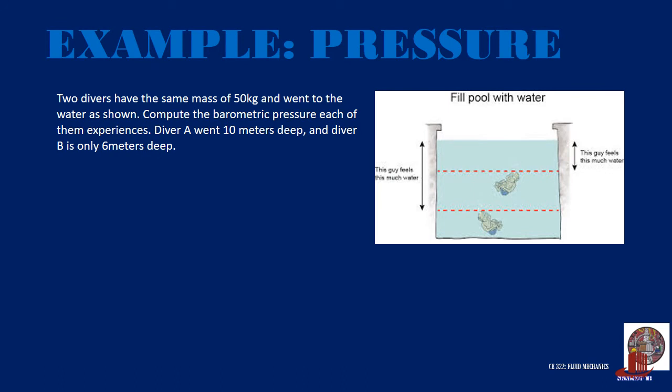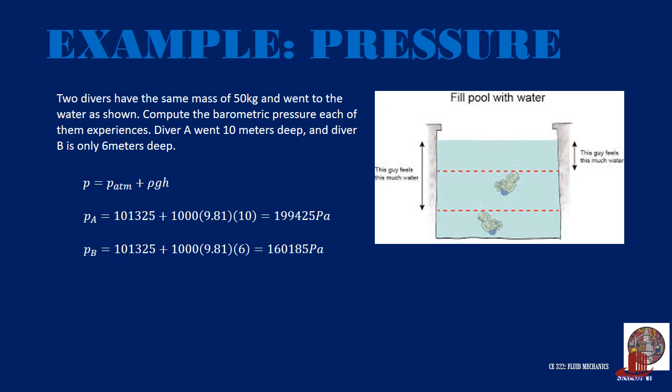Let's check the example. Two divers have the same mass of 50 kilograms and went to the water as shown. Compute the barometric pressure each of them experiences. Diver A went 10 meters deep and diver B is only 6 meters deep. By using total pressure is the summation of the atmospheric pressure with gauge pressure, that is P atmosphere plus rho GH, the pressure in object A is taken as 101,325 plus 1,000 times 9.81 times 10, which would be equal to 199,425 Pascal.